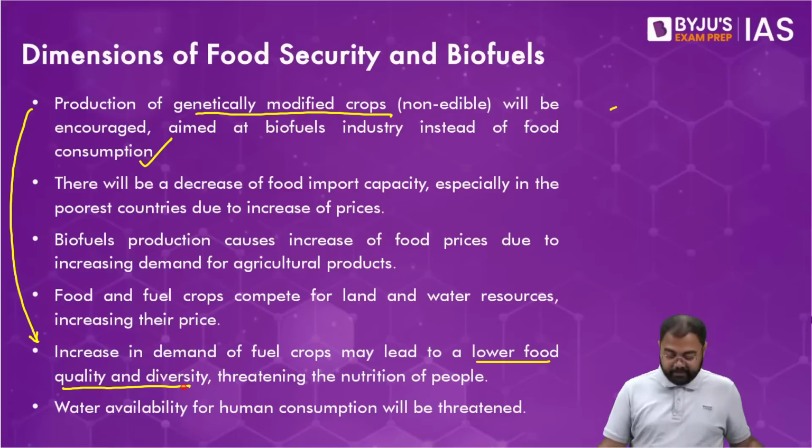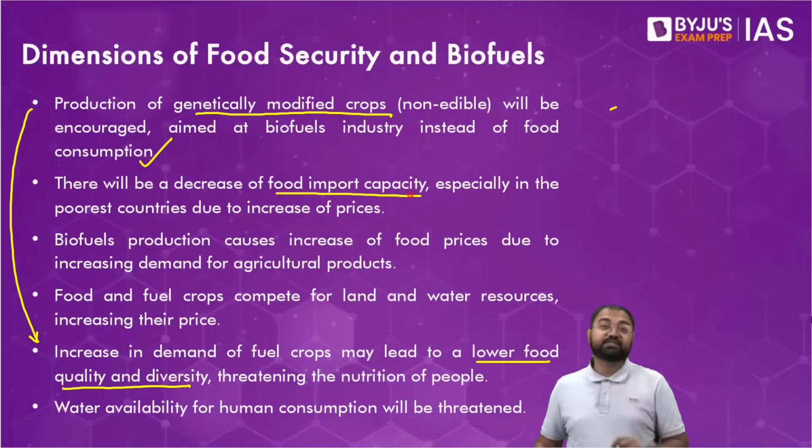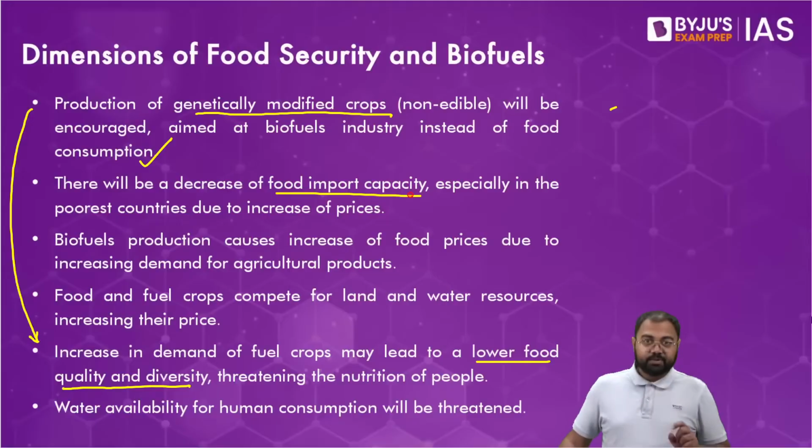At the same time, the food import capacity, especially of the poorer countries, will decrease, because just understand this, their demand is always going to be constant, correct? Many of the poor countries are not capable enough to produce enough food for their population, so they are dependent on imports, and maybe many of these countries are not even in conducive areas for agricultural production.